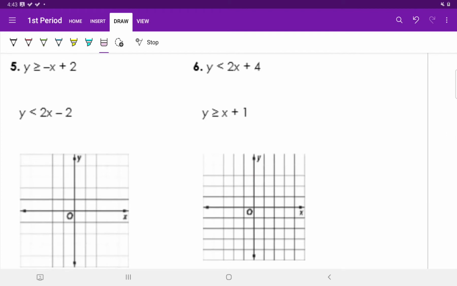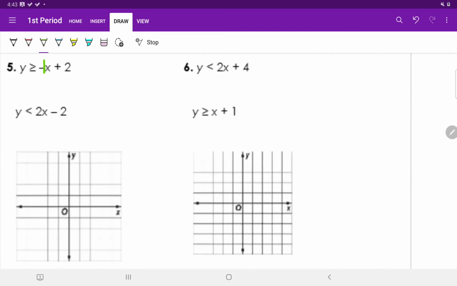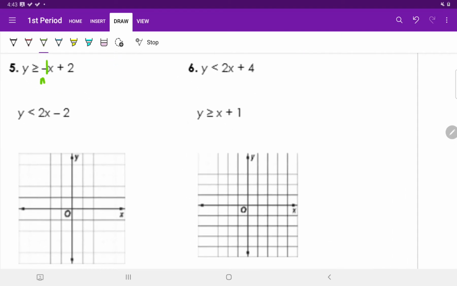Try number 5 on your own. Okay, for number 5 as well, we can just jump right into graphing because these are already in slope-intercept form. Our first equation has an m of -1 and a b of +2.